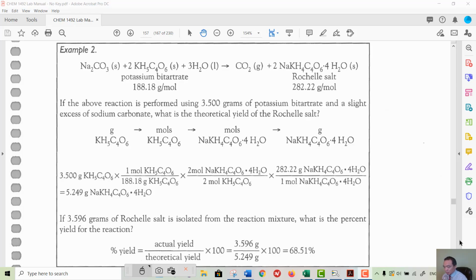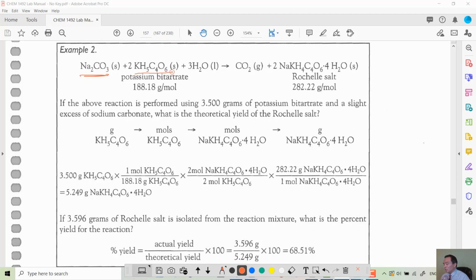As you have seen in the lab demonstration, in step 2, we use the sodium carbonate to react with potassium bitartrate to generate the Rochelle salt. In this balanced chemical reaction, you are asked to calculate how much product can be generated.